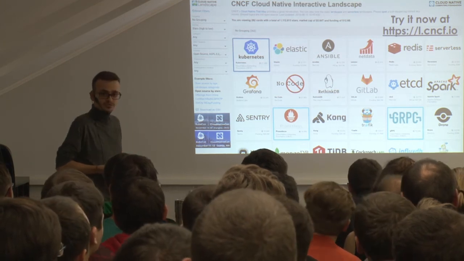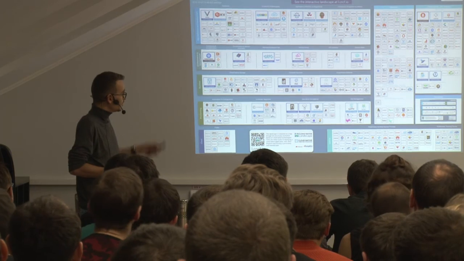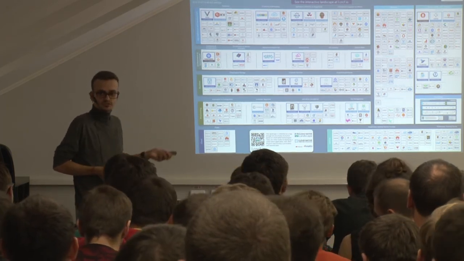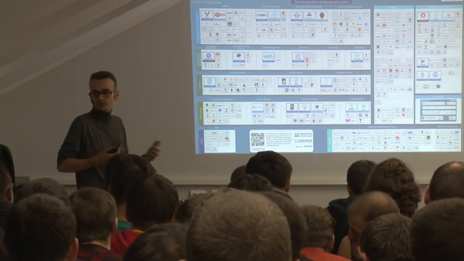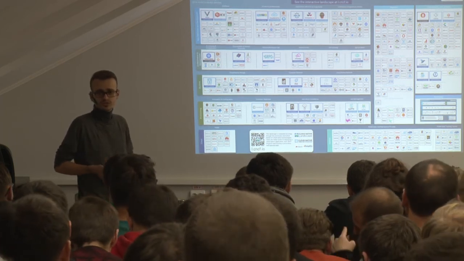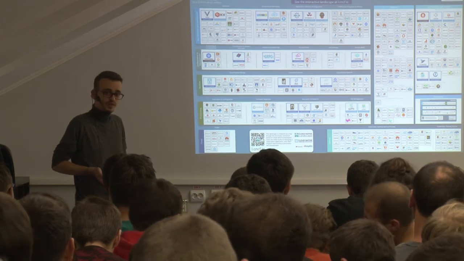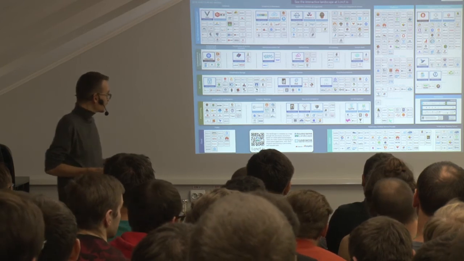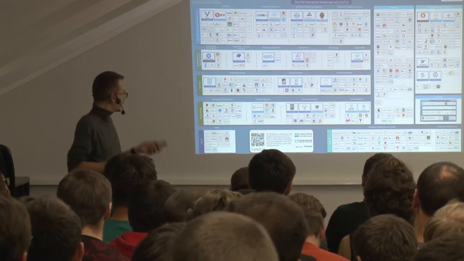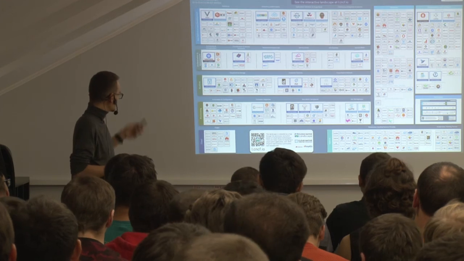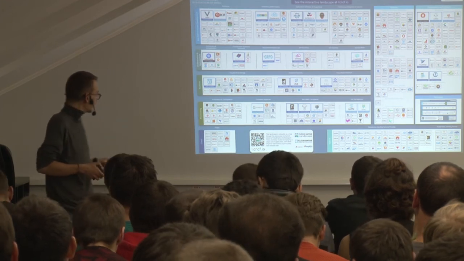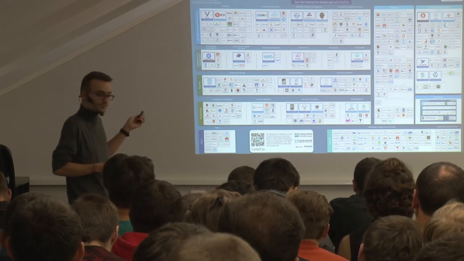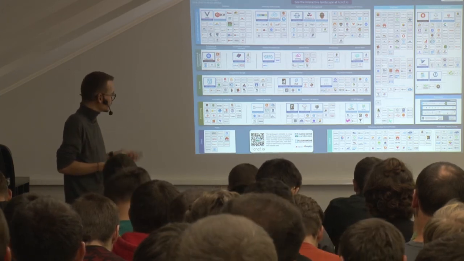On this slide, you may see all the solutions that exist on the market. These are not only CNCF solutions, but all the solutions that can be named cloud native solutions. If you're looking for a tool, for example, for container orchestration, you may find here Kubernetes, which is a CNCF project, but you can also see here Mesos, Docker Swarm, Amazon services for running containers, and so on.